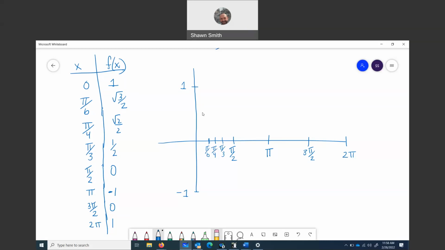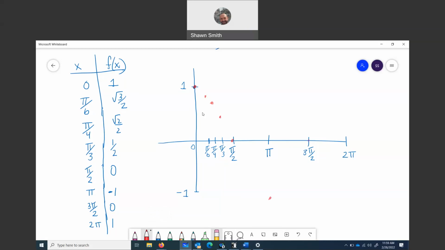All right, so at 0, the value is 1. Let's put it in red. Pi over 6, 0.866. Pi over 4, 0.707. Pi over 3 is 1/2. Pi over 2, 0. And then at pi, we're at -1.